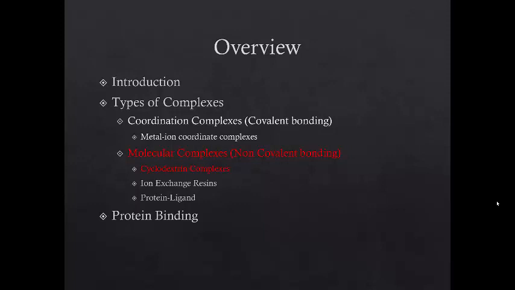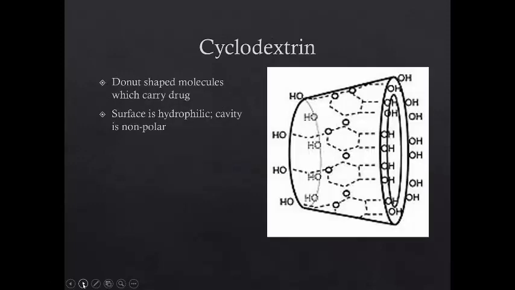The first of these types that we're going to talk about are cyclodextrin complexes, those donuts I was showing you pictures of earlier. So here is a picture of our cyclodextrin, a donut-shaped molecule which can hide a drug.